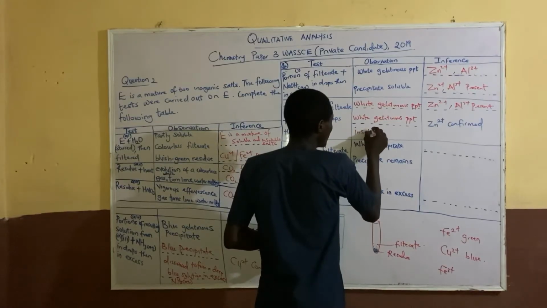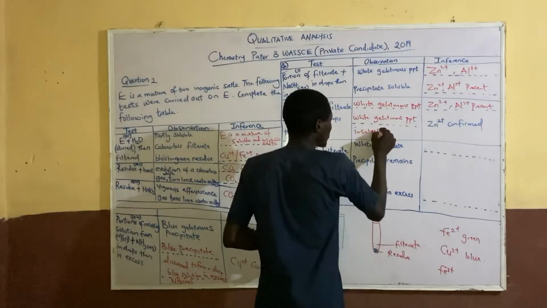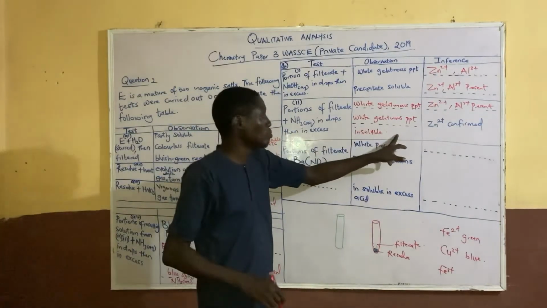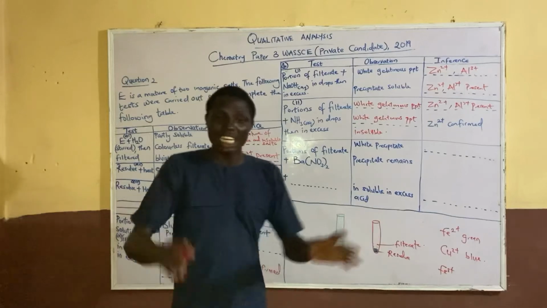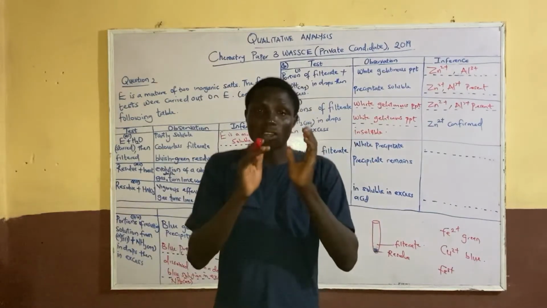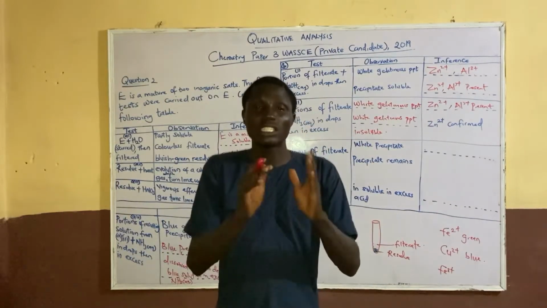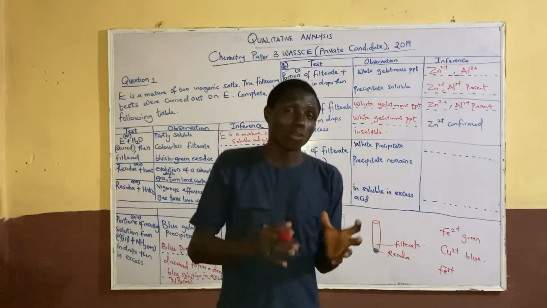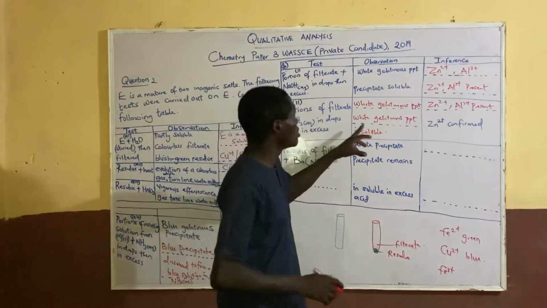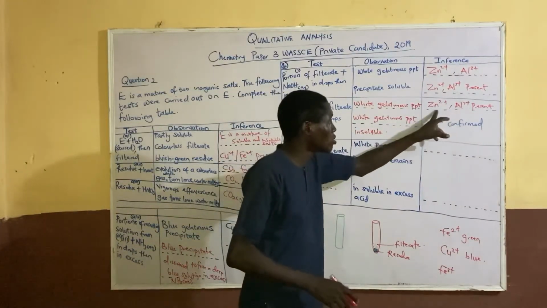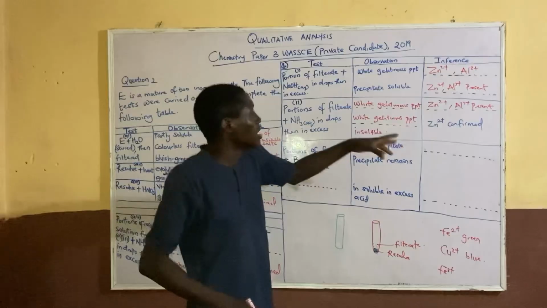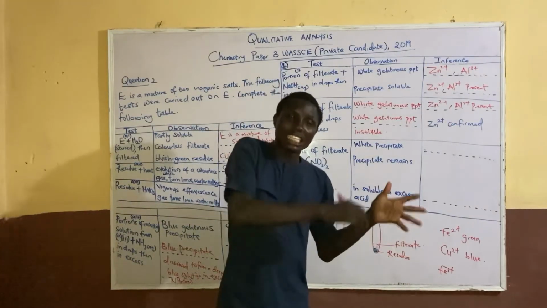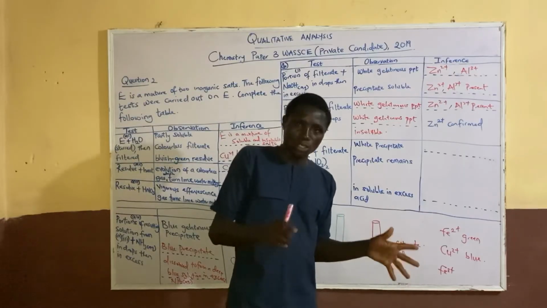Now, when you have the white gelatinous precipitate insoluble, that is saying that the filtrate contains what? It is a confirmatory test that the filtrate contains zinc 2 plus, because among the two ions, zinc 2 plus is the one that is insoluble in excess aqueous ammonia. Do we get that?